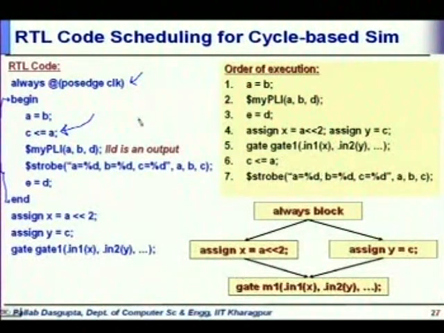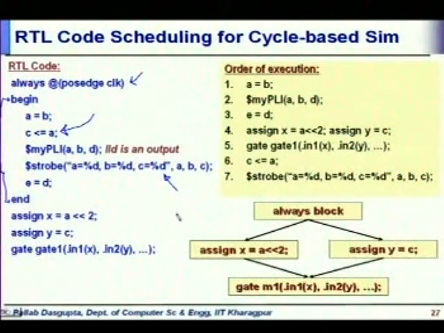Similarly, statements like strobe, which are actually going to print or monitor the output of the circuit, are also going to be taken up at the end of the simulation cycle after everything has steadied down. So, besides these, the rest of the always block will be executed first. Then these assignment statements will be taken up, and at the end the structural block will get executed.